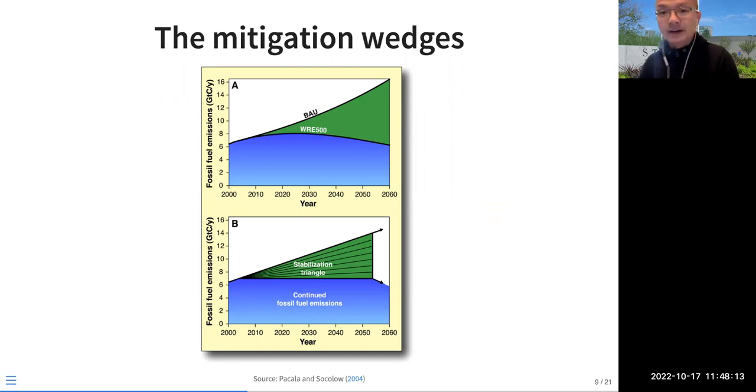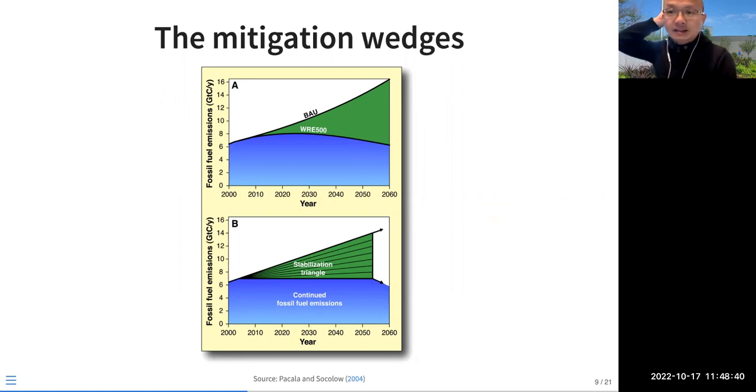It's very powerful, right? And the message is very clear. That's why this paper is very influential. But it has its problem, right? We know the technology is ready, and we know we have the tech, but how about the costs? That's something the wedges idea doesn't discuss much.